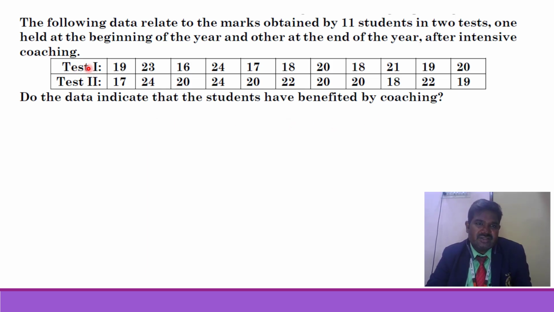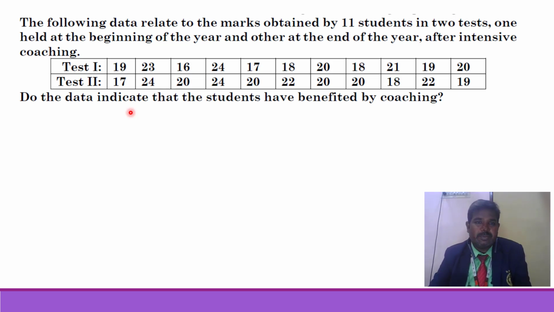Test 1 marks are given, then after intensive coaching we have test 2 marks. Based on this data, we have to check whether the students have benefited by coaching or not. It is the same set of students, but the marks are different, so there is some relation between these two.